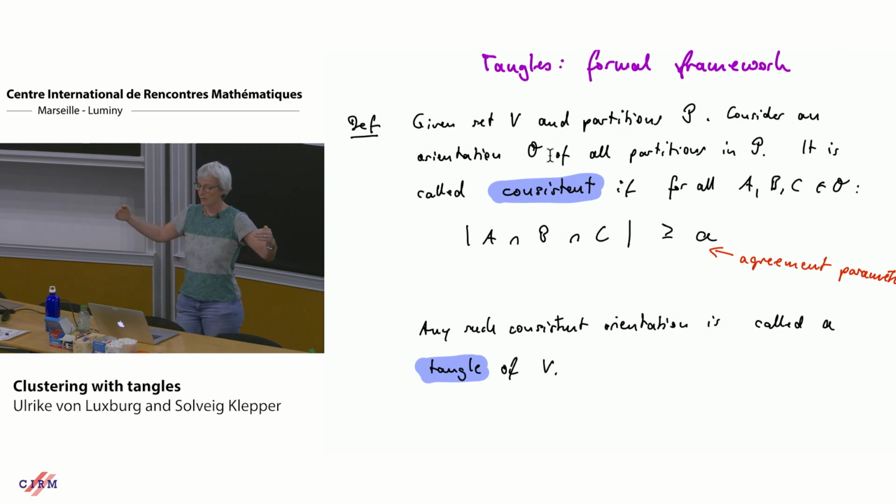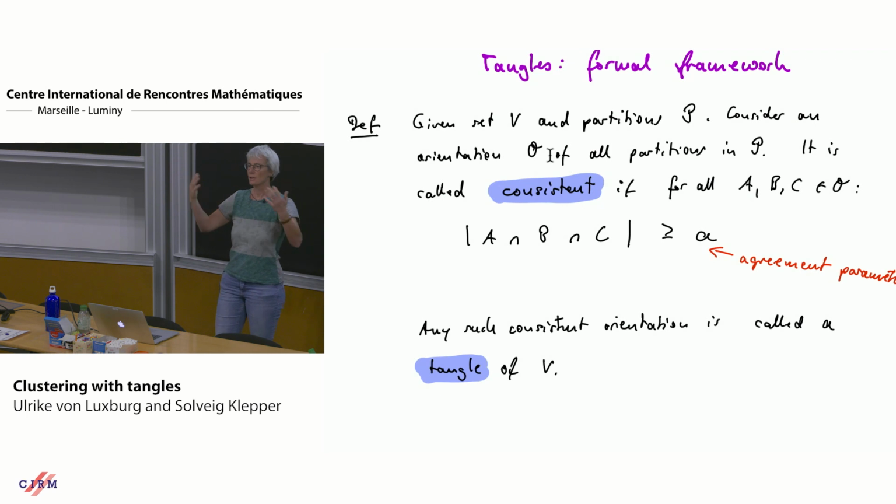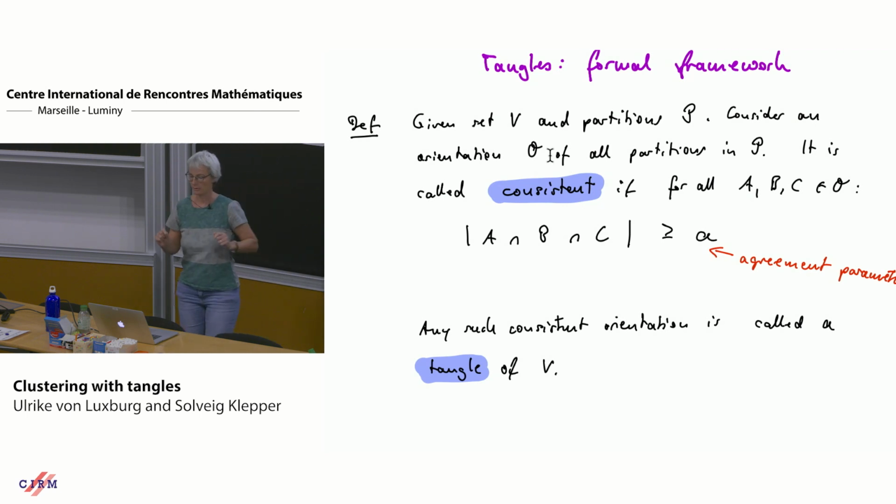And now we want to say: are the chosen orientations consistent or not? The intuition is, do they point to a large enough group of people? That's what we want to say. The condition is a bit technical, and it comes out of the math literature. What we need to do to say whether an orientation is consistent is the following.